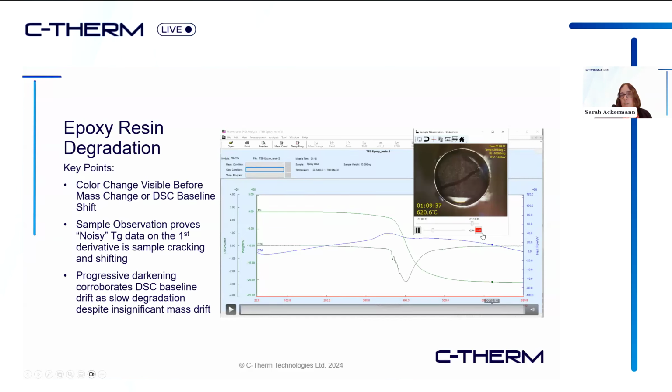Over here toward the end of the video, you can see that it is a significantly darker color than even 10 degrees before. So the sample observation is giving some understanding that this material is undergoing some sort of thermal cracking event, and it's becoming more char-like, basically, as we go through this thermal degradation experiment.